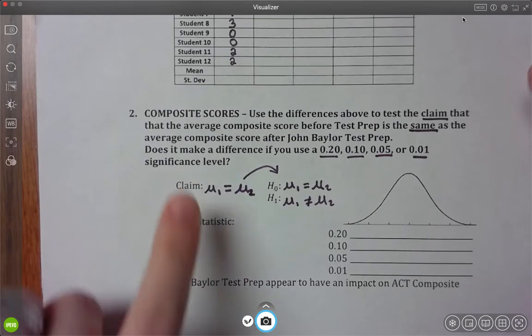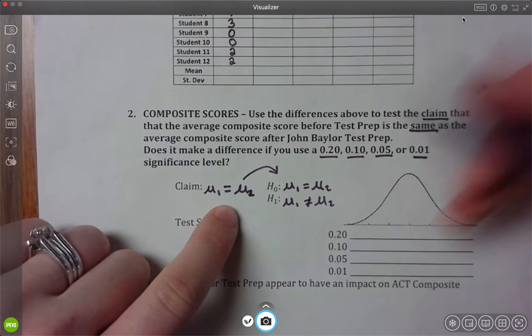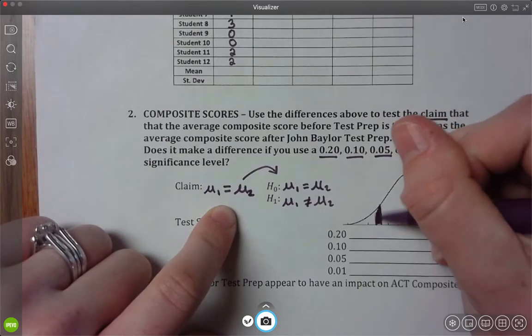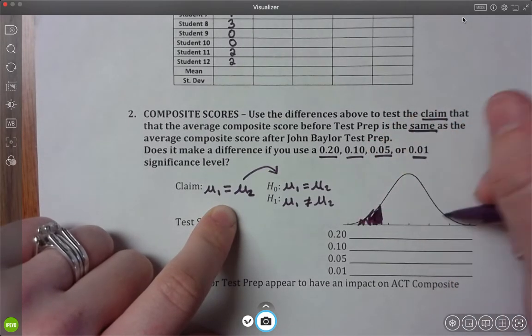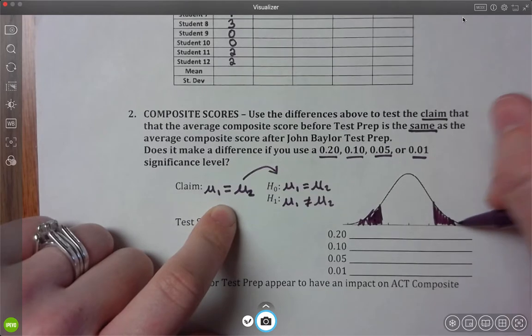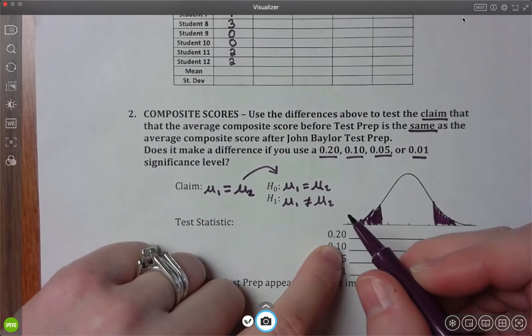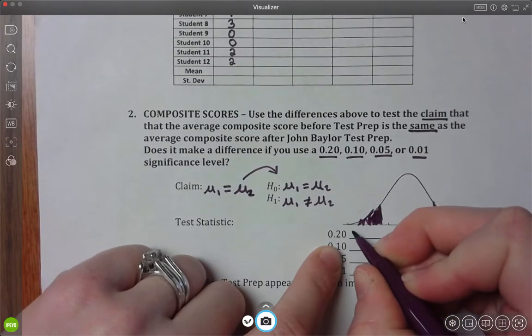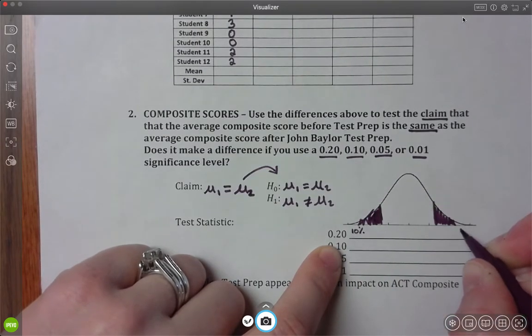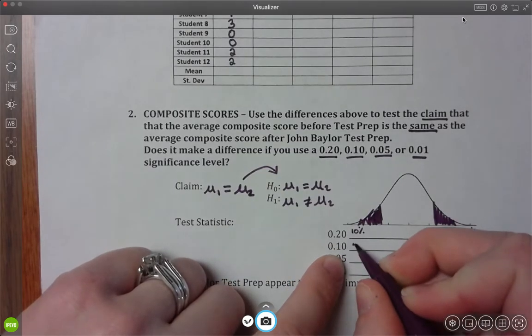But since we have equal to, we're going to have two tails. So we'll have a tail here, and we'll have a tail here. For the 20%, that means we have 10% in the one tail and 10% in the other tail. For 10%, this means I have 5% here and 5% here.